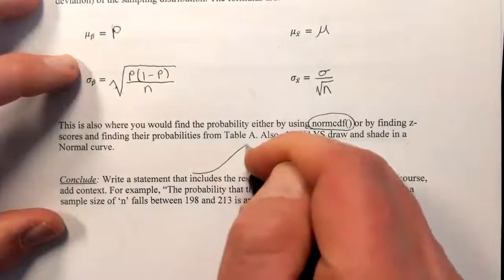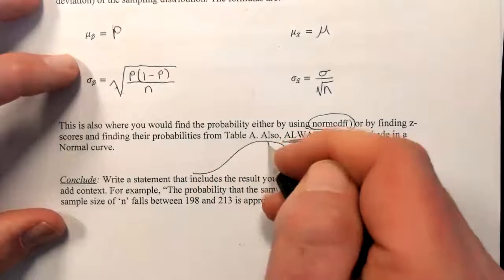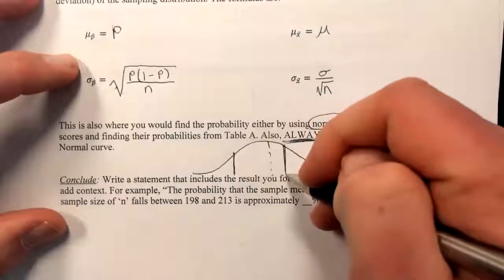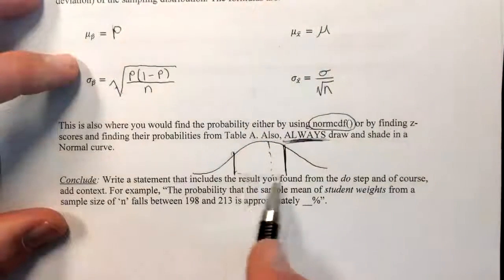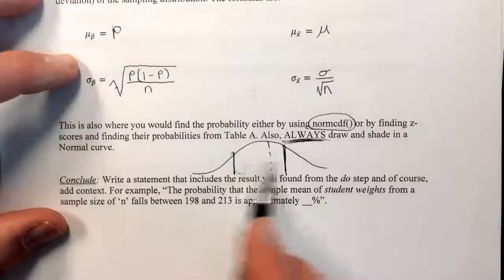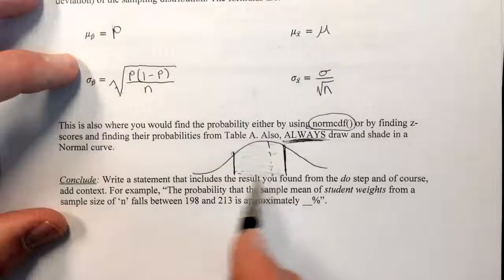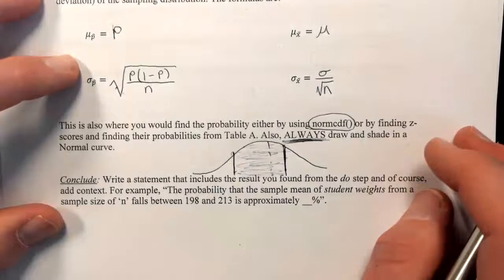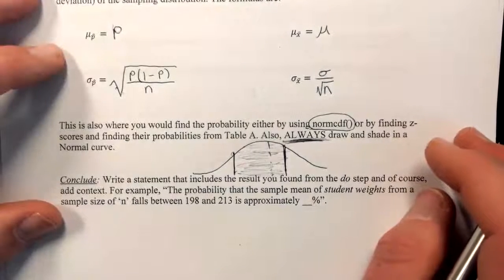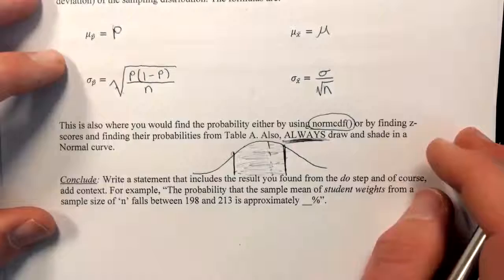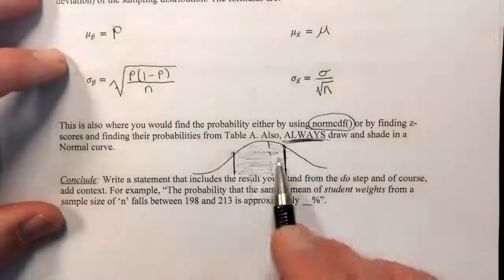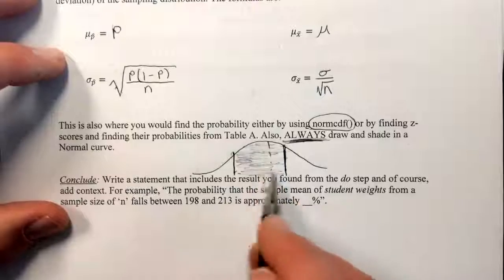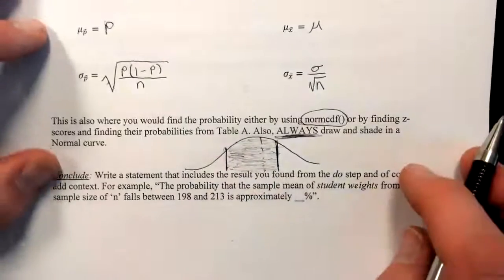Sketch a normal curve, plot the center, and then just make 2 marks for where the area is that you're trying to find, and then shade that in. Always do that, okay? For your calculation part, find your probability after you draw your normal curve. It will help your percentage make way more sense.